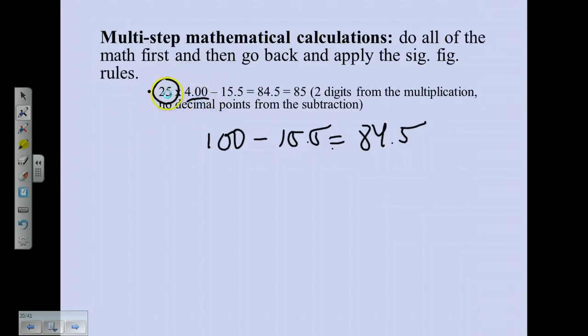We're going to go to the least number for multiplication. So we have 2 sig figs here, minus the 15.5. So from 84.5, we're going to round up, and we have an answer of 85 as our final answer. So do the whole calculation, then go back and apply the sig fig rules.